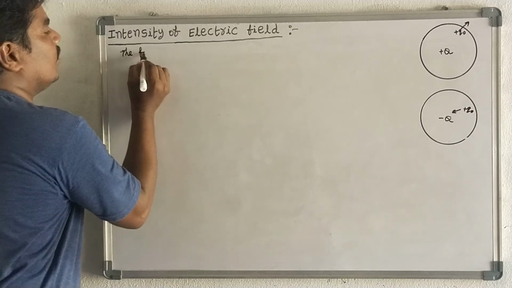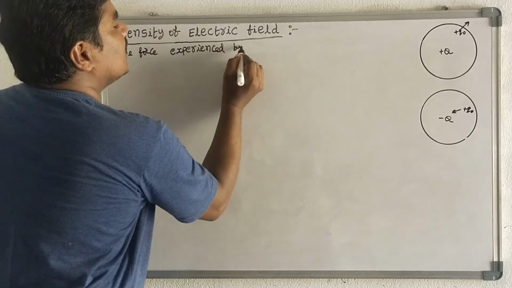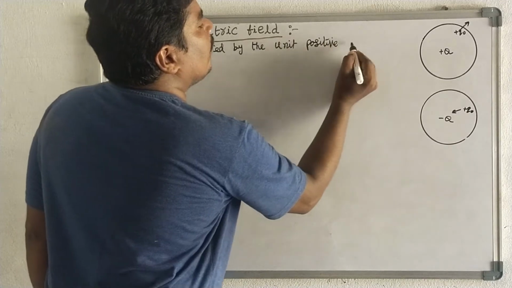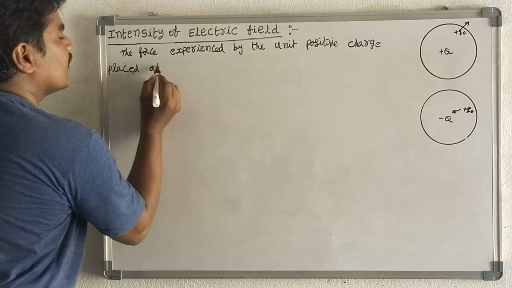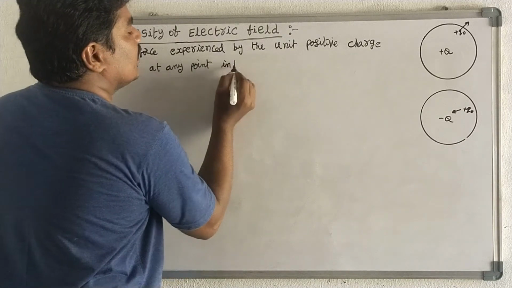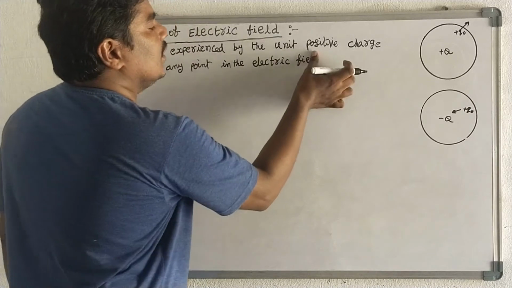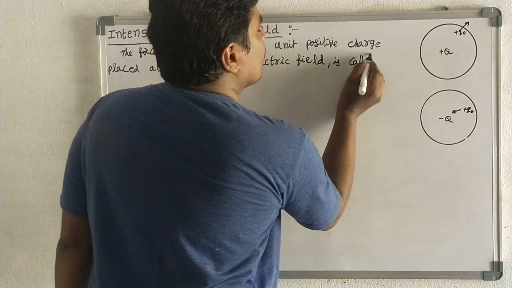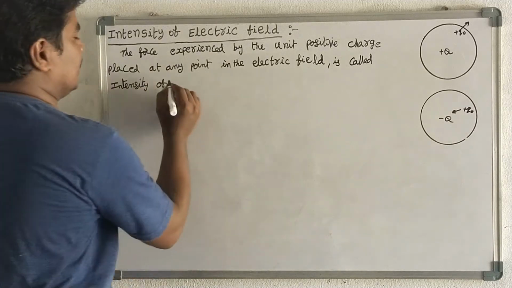So, the force experienced by the unit positive charge placed at any point in the electric field is called intensity of electric field.